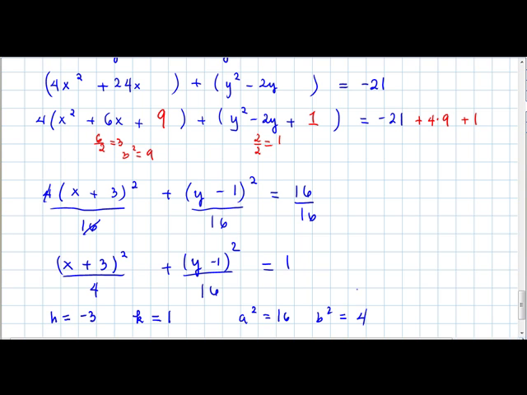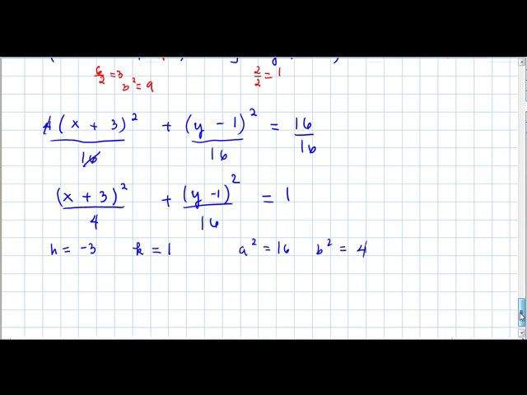Remember, a squared is always greater than b squared. Therefore, I take the square root of a squared and b squared. I have 4 for a and 2 for b. So our center will be h comma k, which is minus 3 comma 1.